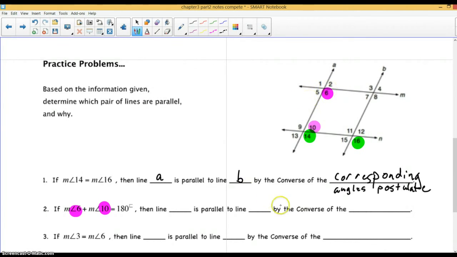So they are same side interior angles. And in our setup, we were told that they add up to be 180. Now if we check our notes from yesterday, same side interior angles, if they're supplementary, then the lines are parallel. So we know line N is parallel to line M.